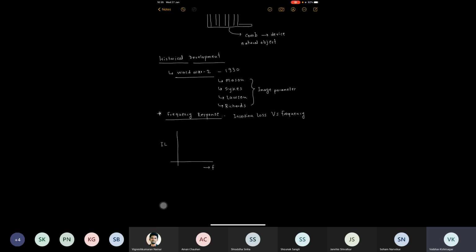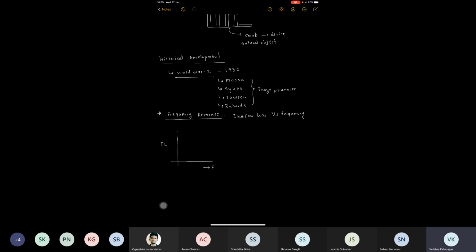So how are these different types of filter responses represented by an insertion loss versus frequency diagram? I am going to draw it now. First, how can we show the low pass frequency response of the filter in terms of insertion loss? Again, you need to draw the y-axis and x-axis. On the x-axis, we have frequency. On the y-axis, we have the insertion loss.